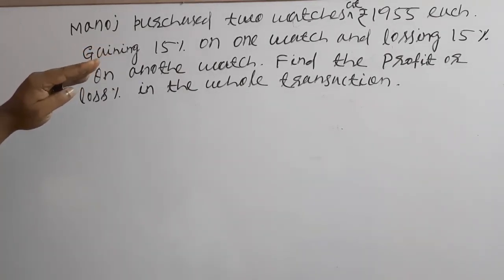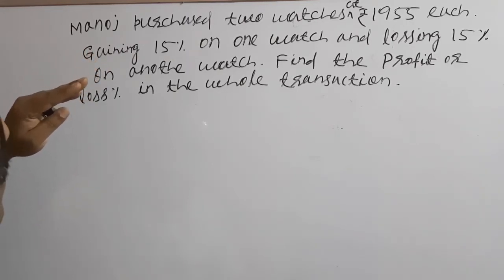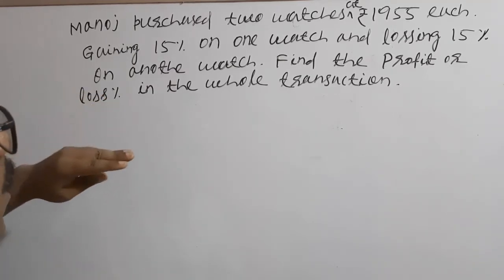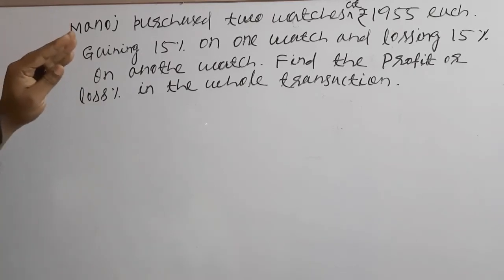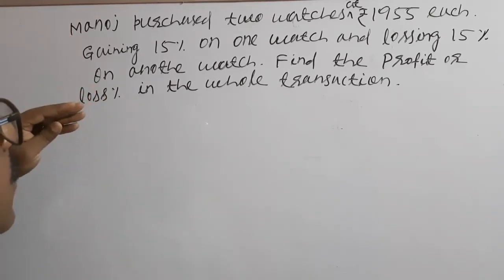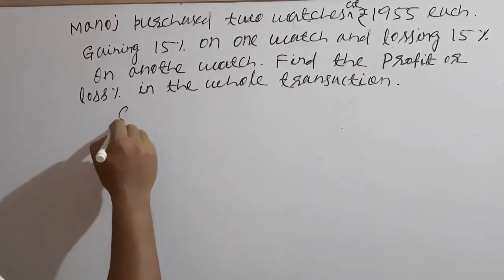Purchase means the CP is given for both watches. Each watch's CP is 1955 rupees. So we have to find the SP of the first watch, then the SP of the second watch, then find the total CP and total SP, then see if it is profit or loss. Suppose you write here case 1.